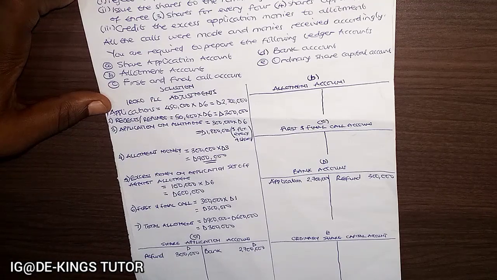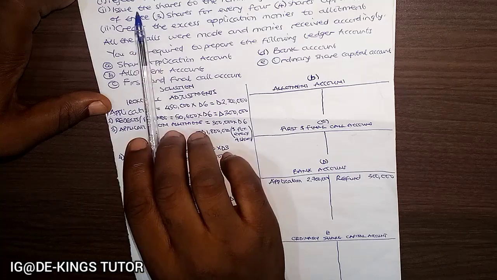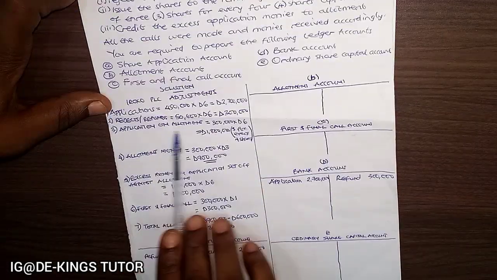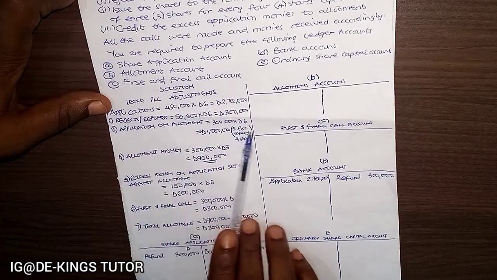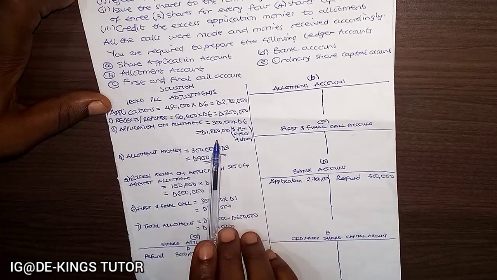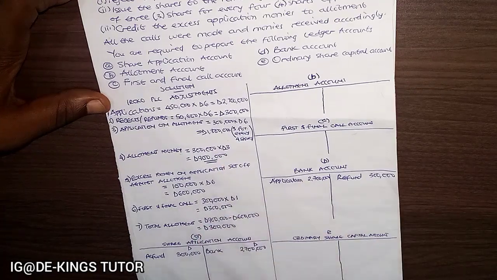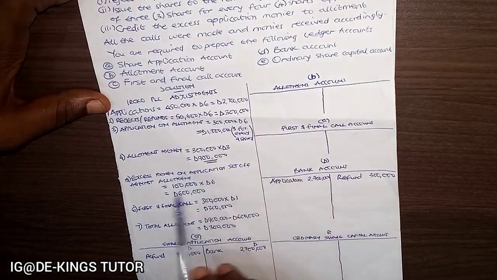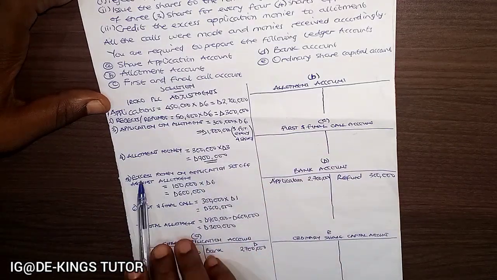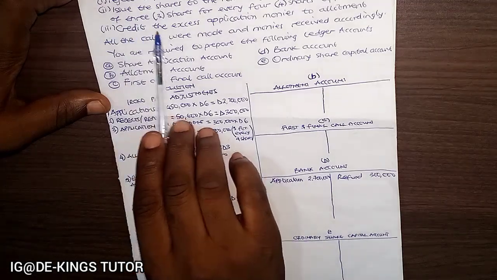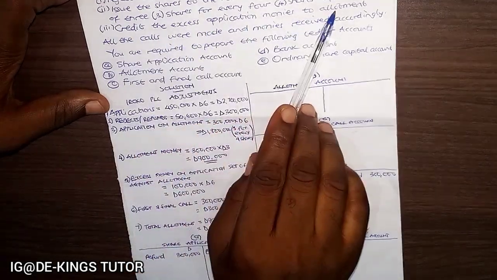So the next one, they said they issue the shares to the remaining applicants on a pro rata basis, 3 for every 4, which is 1.8 million. So the next one is the excess application money to set up against allotment. I said credit the excess application money to allotment.